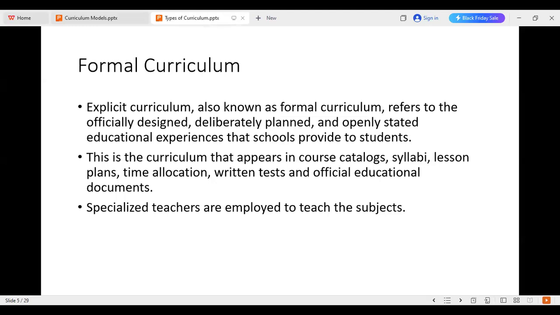They conduct a series of awareness programs and training programs for the teachers, principals, and SLES officers. That is not a secret document. Educational experiences that the school provides to students.